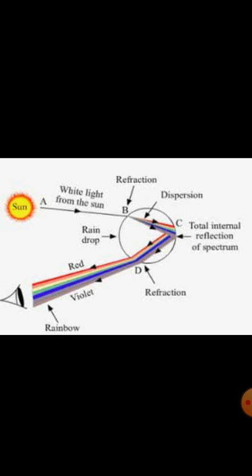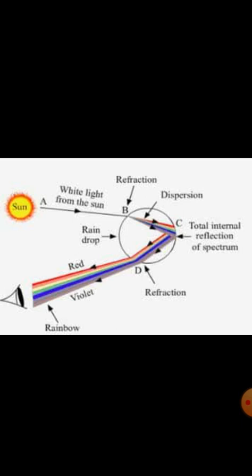Finally, light gets refracted again when it comes out of the raindrop. These phenomena, refraction, dispersion, internal reflection and refraction again, that take place when sunlight falls on a raindrop will help the observer to visualize the rainbow.